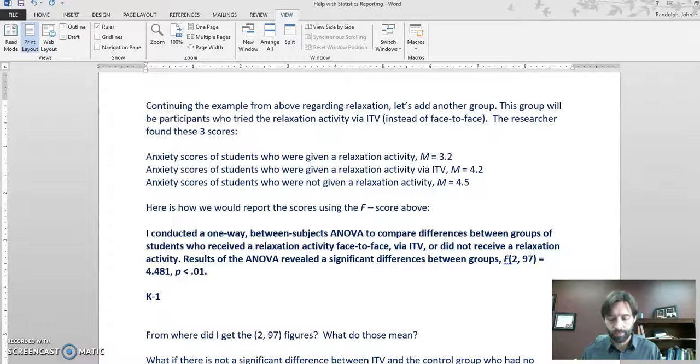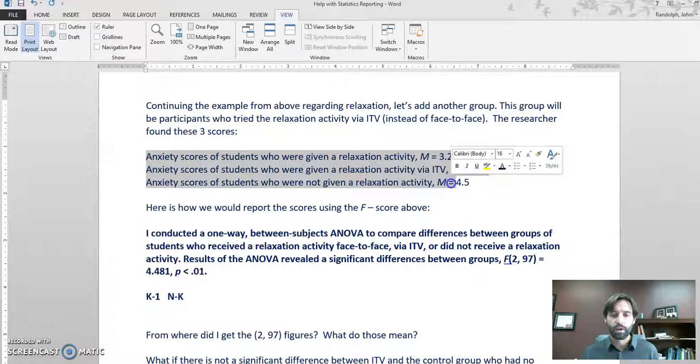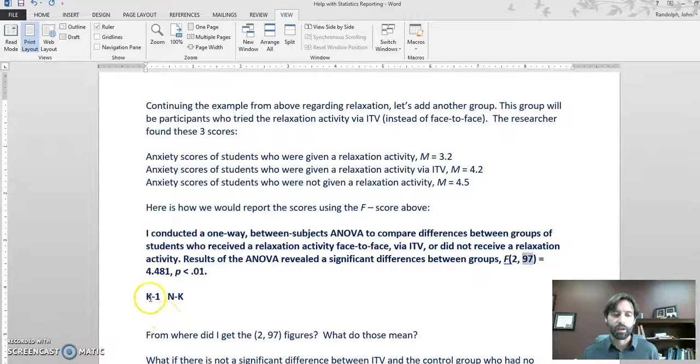And then your second one is N minus k: your total number of participants minus the number of groups. So we had 3 groups, 1, 2, 3, and 100 participants, subtract 3, we come up with 97. We had 3 groups, minus 1, we come up with 2. That's where you come up with those.